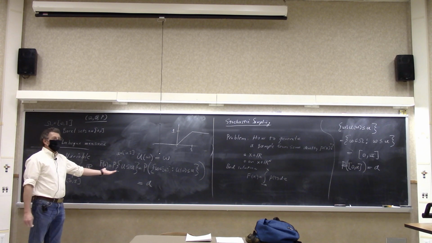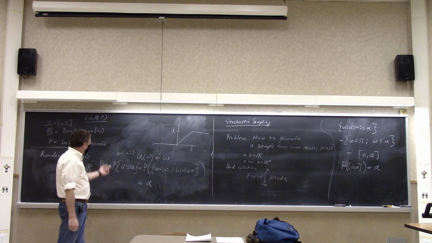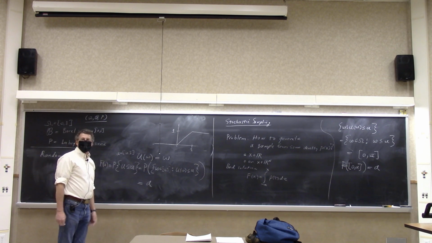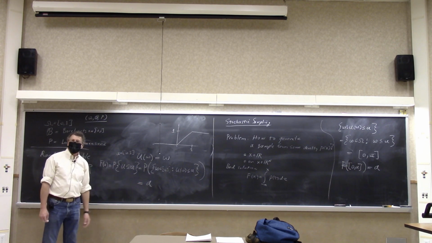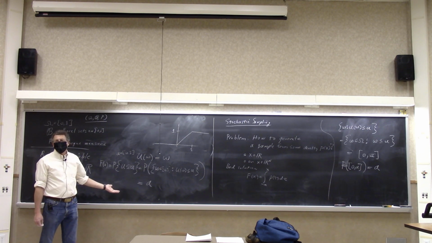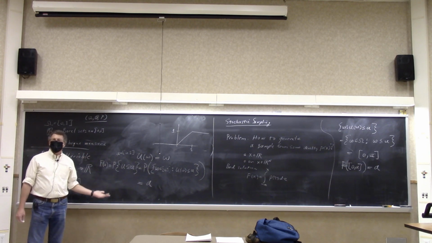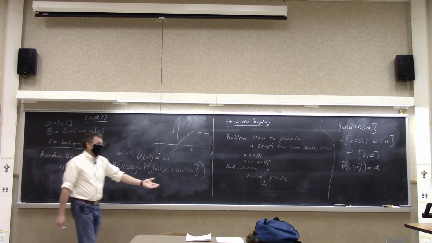Well, that's the cumulative distribution, right? Because a is limited to 0, 1. So it works. But it's not like I just pulled this out of the air, and then miraculously it came out.